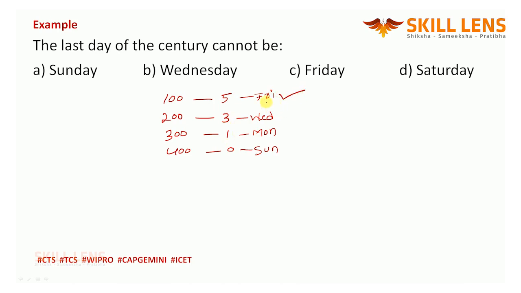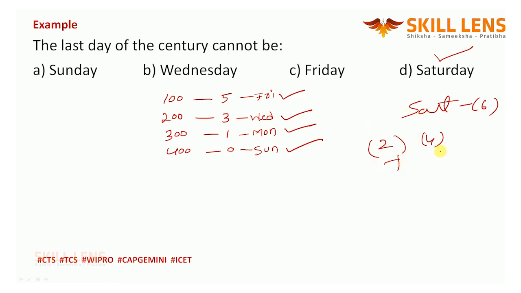The last day of the century years can be Friday, Wednesday, Monday and Sunday. Which cannot be? The last day of the century year would be Saturday, so it cannot be Saturday, because Saturday should have 6. What are the numbers I am left with? 2, 4, and 6. So which cannot be?